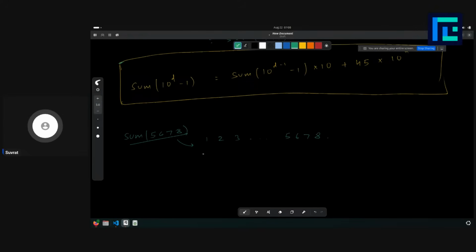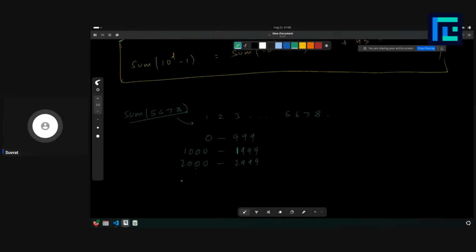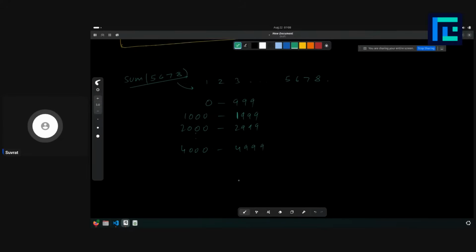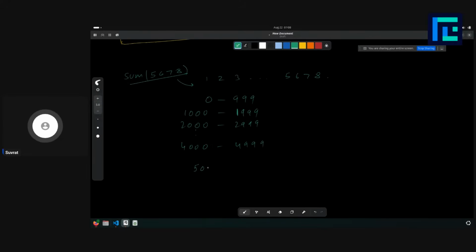So it will have all numbers from 0 to 999. It will have all numbers from 1000 to 1999. It will have all numbers from 2000 till 2999. So on till 4000 to 4999. And then it will only have from 5000 till 5, 6, 7, 8.